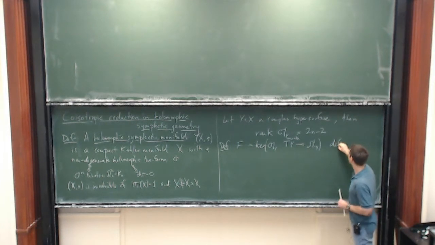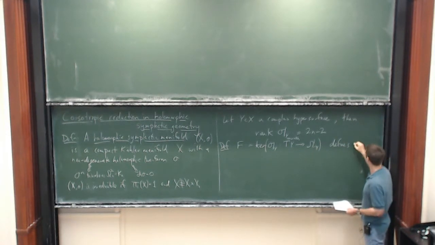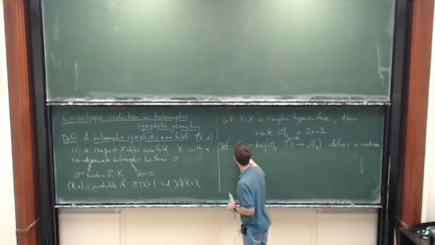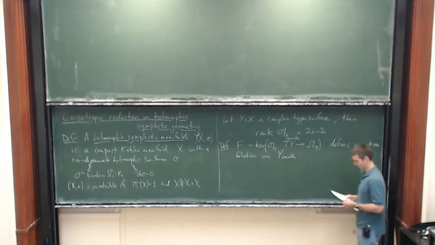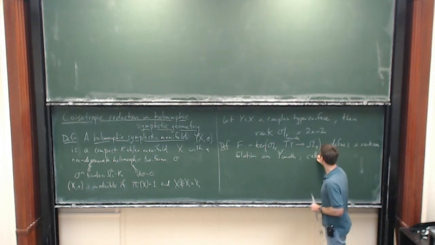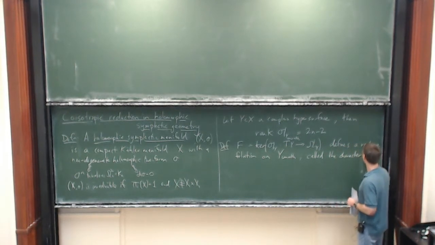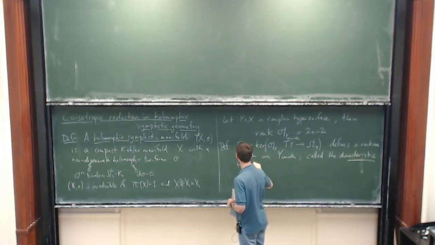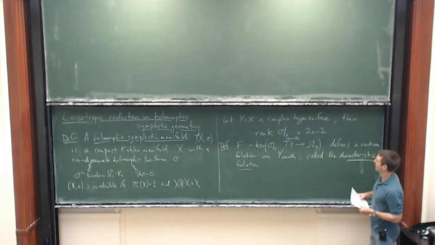And so because the rank is 2n minus 2, this defines a rank 1 foliation, at least on the smooth part of Y. Okay, and this is called the characteristic foliation. Okay, so this is for a hypersurface.